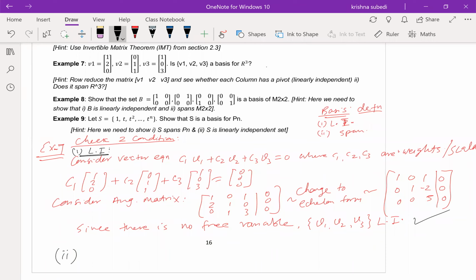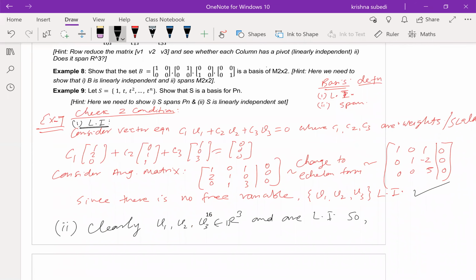Condition 2. Clearly, V1, V2, V3 are all in R3 and are linearly independent. So R3 is actually the span of V1, V2, V3.